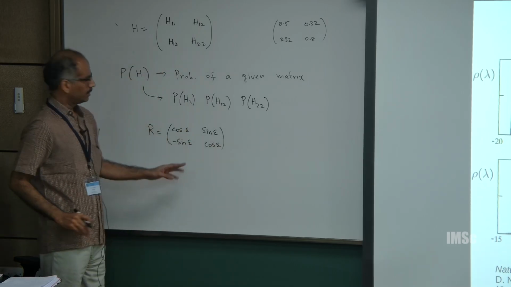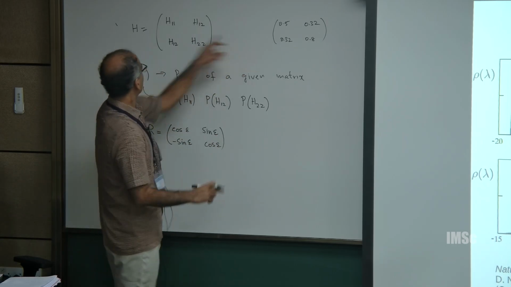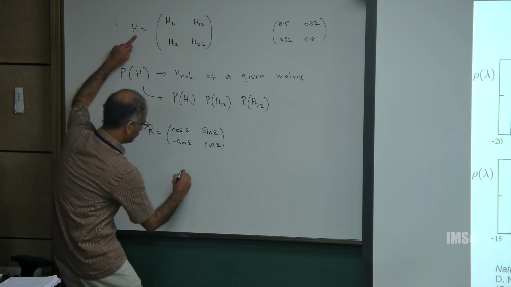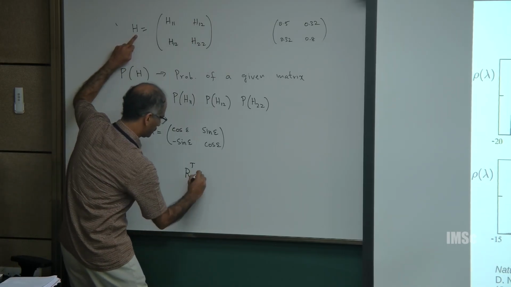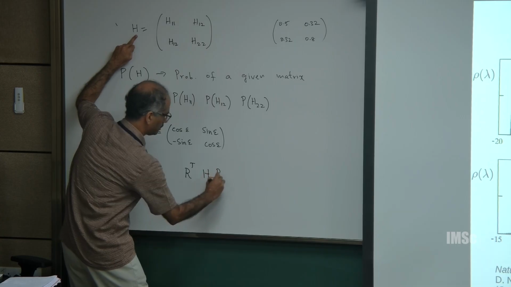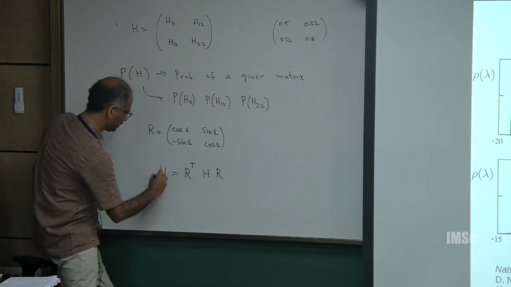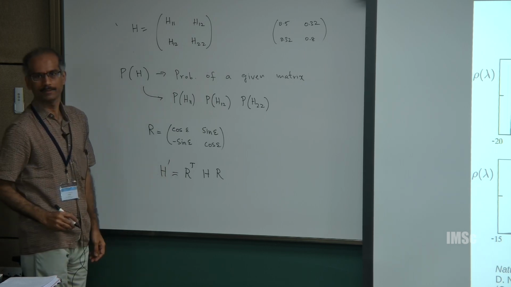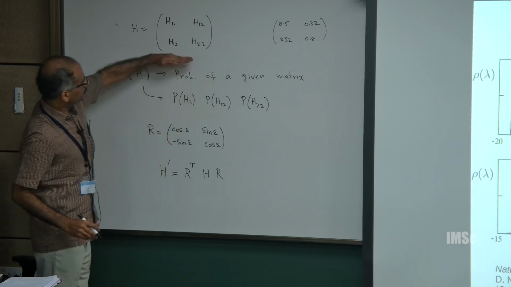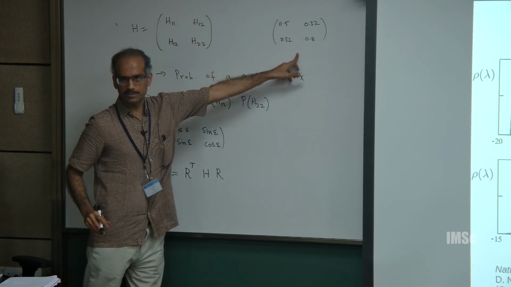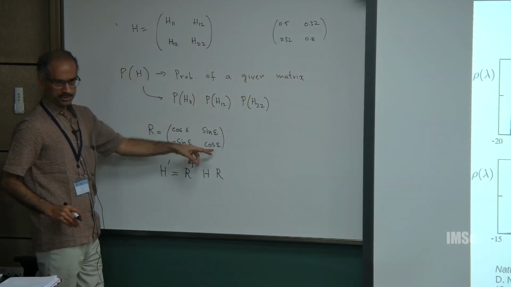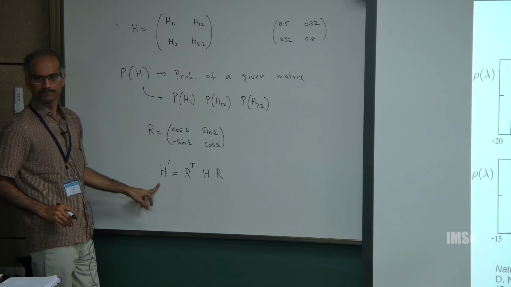Now I can apply this to rotate H: R transpose H R, and this will give me another 2 by 2 matrix, which I will call H prime.